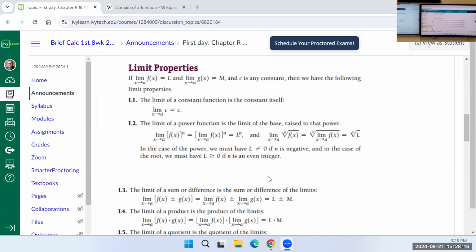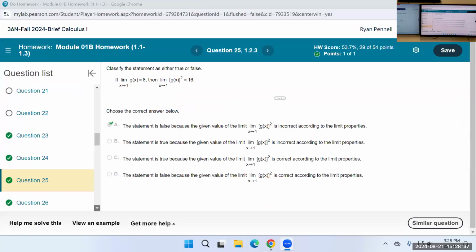It works the easiest possible way it could, which is good for us, right? So if I square, the limit gets squared. It works like it should. Everything's good. I'm just stating it as a fact. I'm not going to prove it during class.